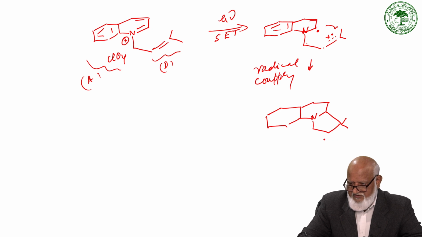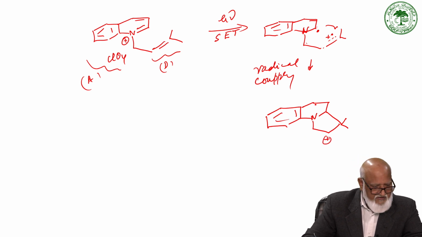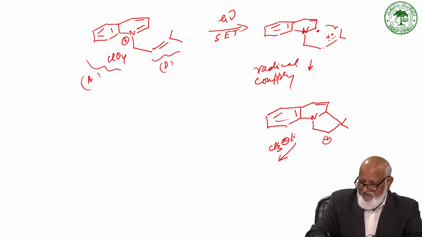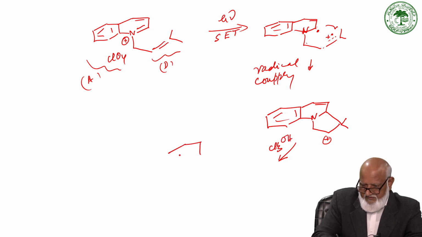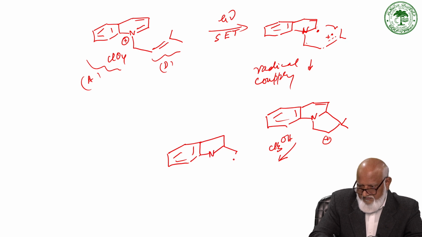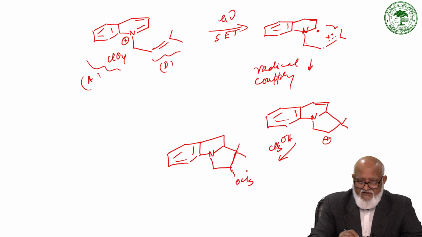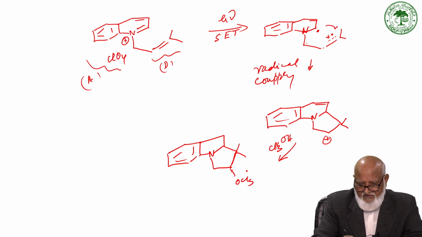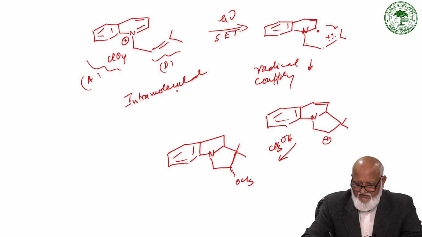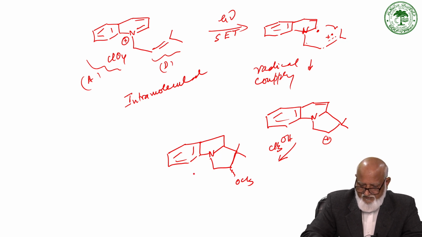This has a positive charge, and then this will be trapped by methanol, positive charge, OH, to give C double bond O, nitrogen, OCH3. So you can see the intramolecular photoinduced electron transfer reaction giving rise to a tricyclic ring system.